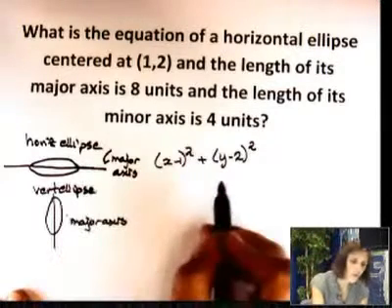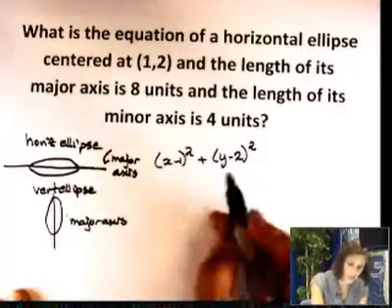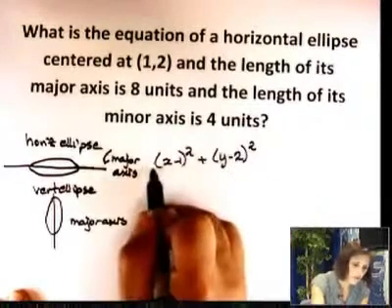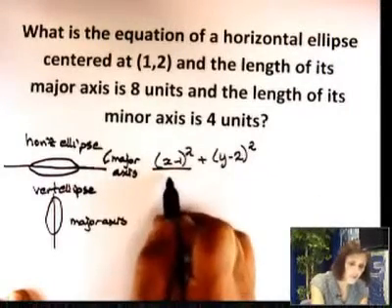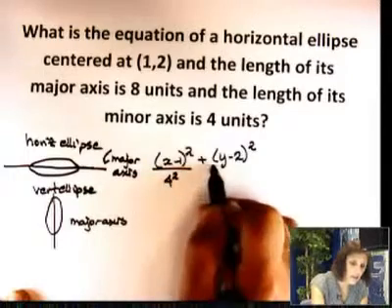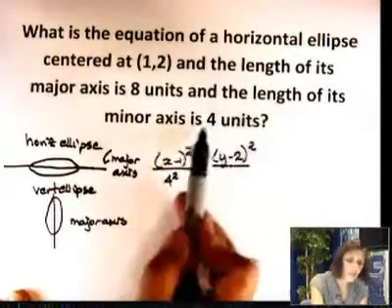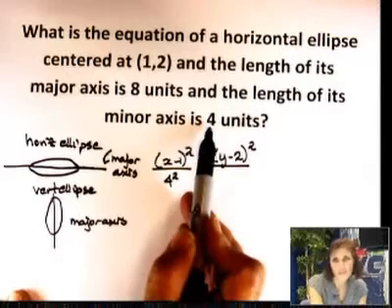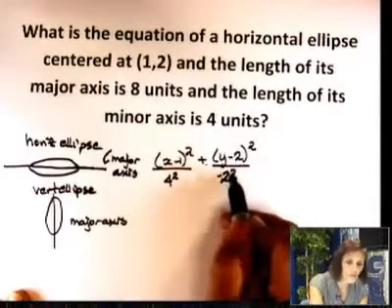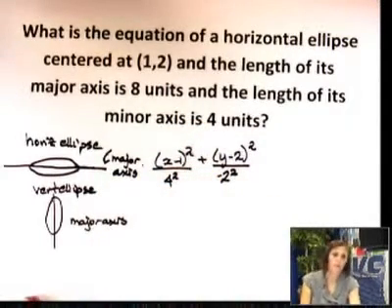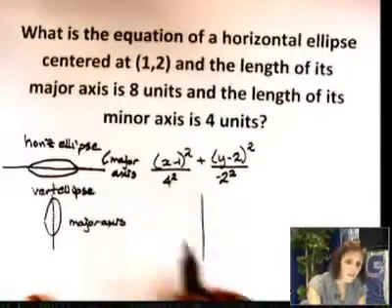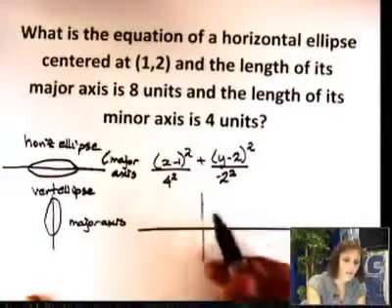Half of it is 4. So what is that going to look like? So the half of it is 4, so it's going to be 4 squared. And the length of its minor axis is 4. That means half of it is 2, so it's going to be 2 squared. Does it make sense?